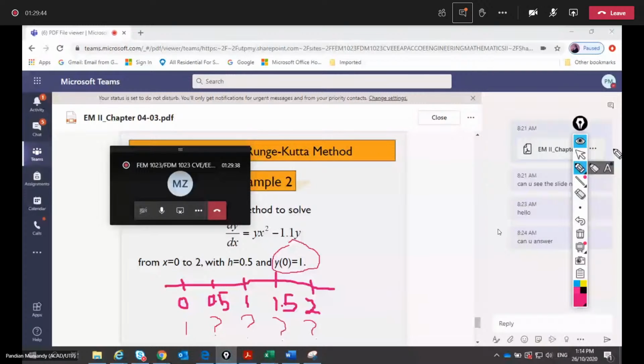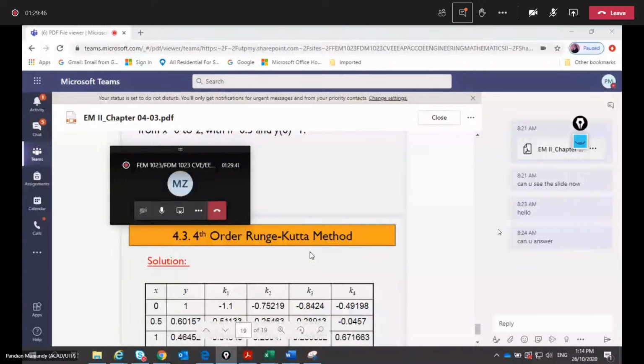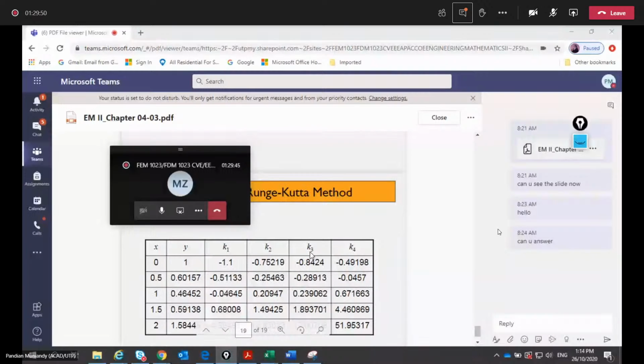So the answer is already given in table form. The reason they didn't show you is because it will take a very long time to calculate. So I just explained how they got this table, and you can verify this later using your own calculator.